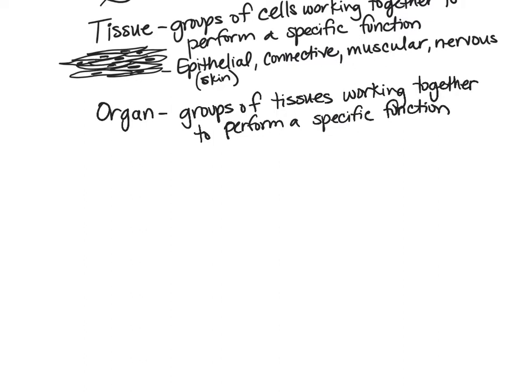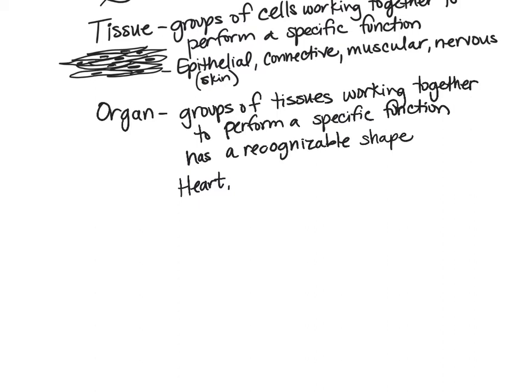And in this case, it has a recognizable shape as well. So an example of an organ would be the heart. It's a recognizable shape. Generally, people know what the heart looks like.